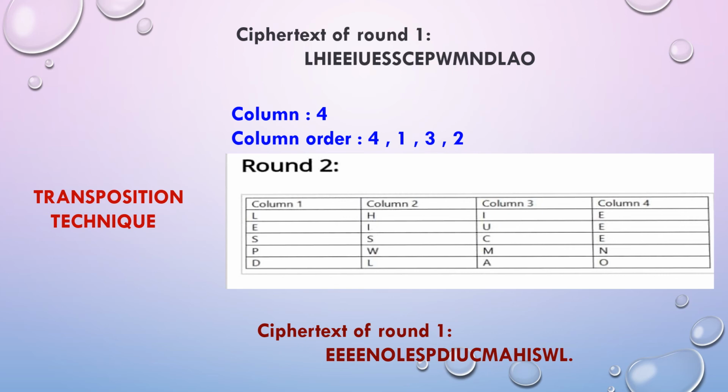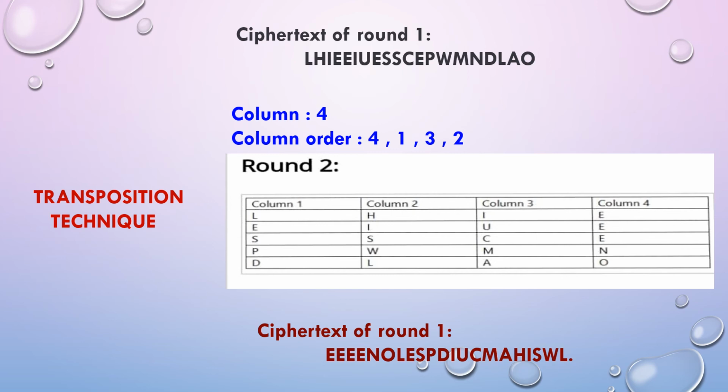Then the second column, HISWL. At last, the result will be the ciphertext. So the ciphertext contains the alphabet EENO, LESPD, IUCMA, HISWL.